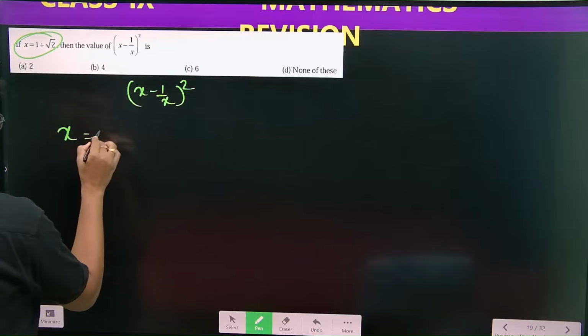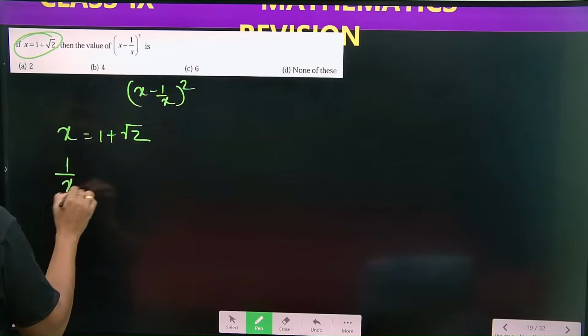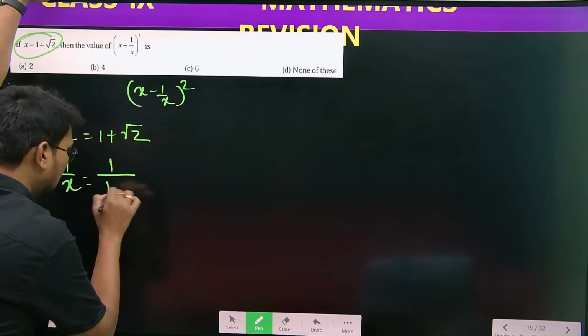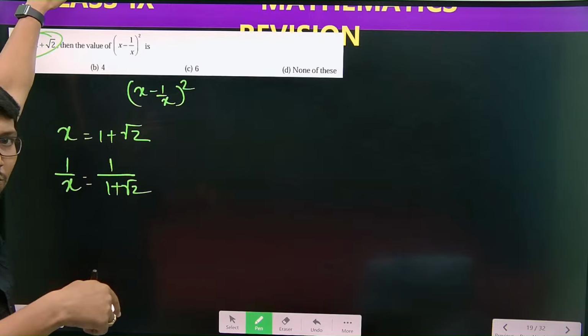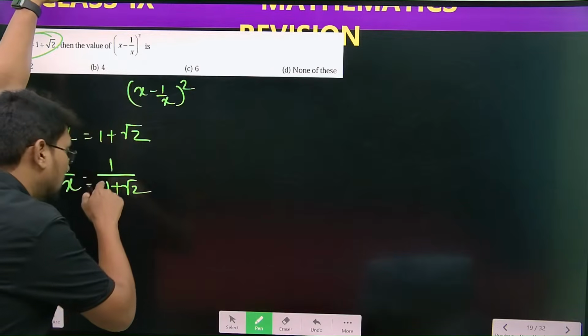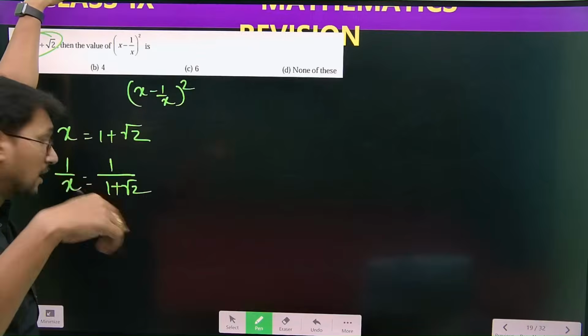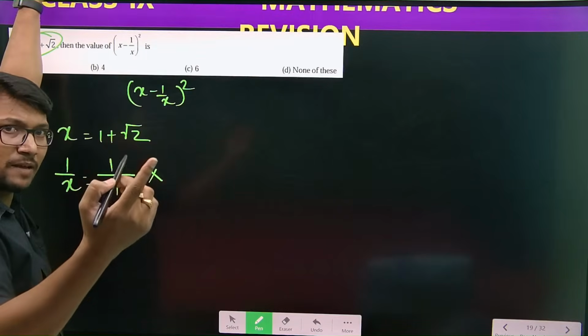Matlab, bachcho, x is given 1 plus root 2. We have to find first 1 by x. If x is 1 plus root 2, then 1 by x definitely you can say 1 by 1 plus root 2. But the denominator is irrational. We should not keep the denominator as irrational. We have to make it rational by multiplying its conjugate.